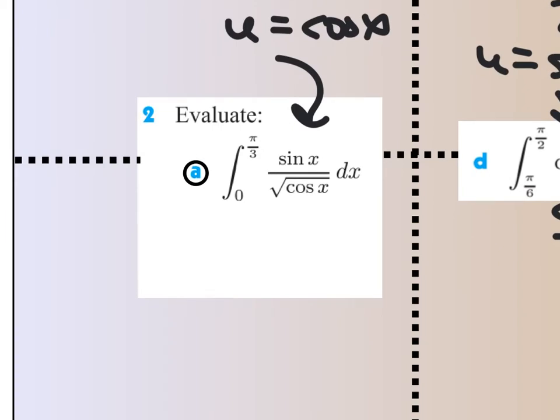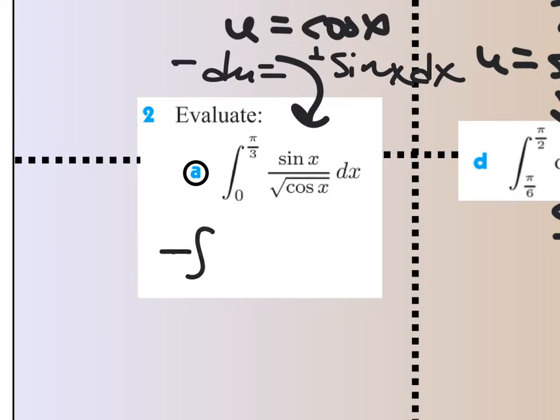So if u equals cosine x, then du equals negative sine x dx. Almost a perfect match. Let's make that negative du equals sine x dx. So negative du times 1 over square root of u. Right? The sine x dx taken care of by du.